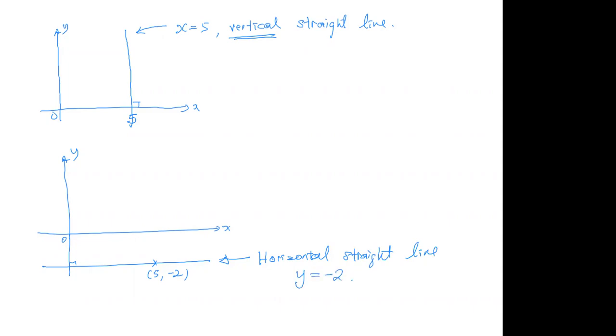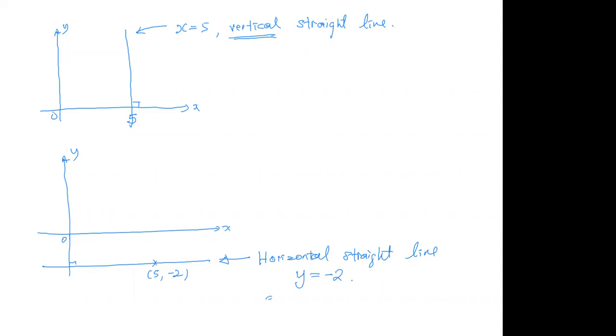So for horizontal and vertical straight lines, you don't have to use y equal to mx plus c. You know the equation straight away if I give you the coordinates of one of the points. Are you clear?